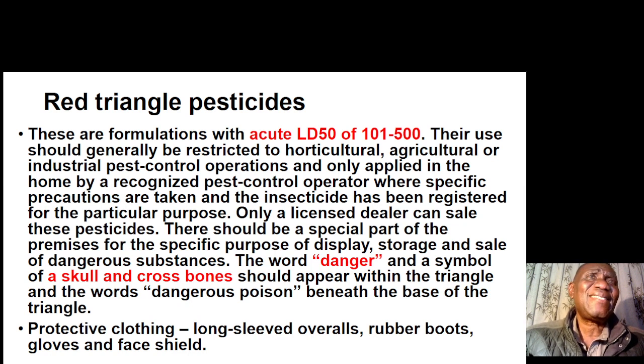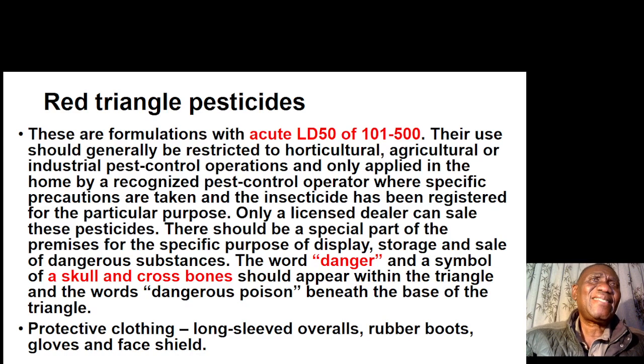Only a licensed dealer can sell these pesticides. Not an ordinary shop can do it. There should be a special part of the premises for the specific purpose of display, storage, and the sale of dangerous substances. So you cannot mix it with other products. There has to be a special place to do this kind of business.